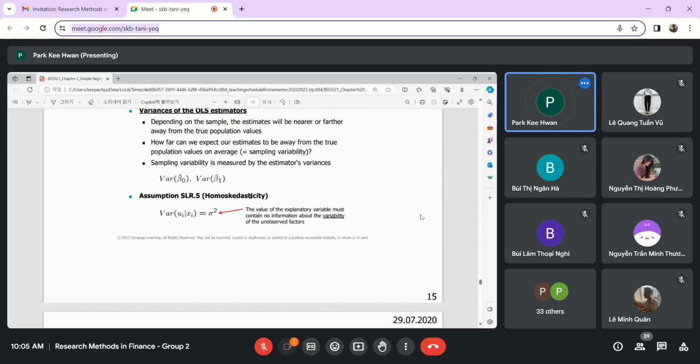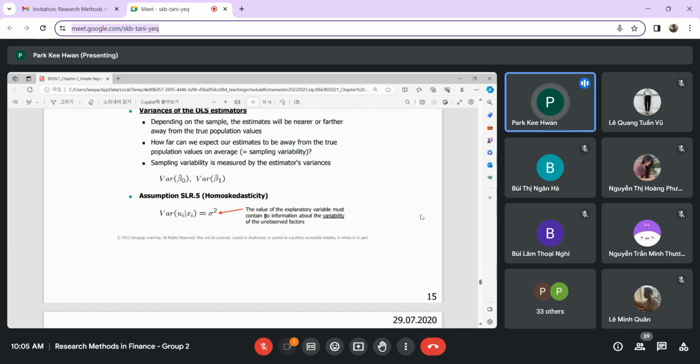What does it mean by homoscedasticity? Homoscedasticity of the error means that the variance of the error is constant. It does not depend on the explanatory variable.